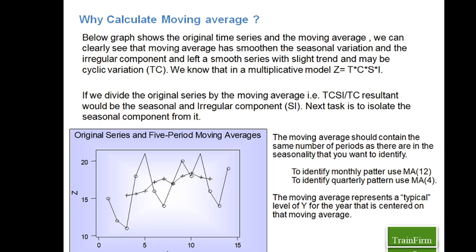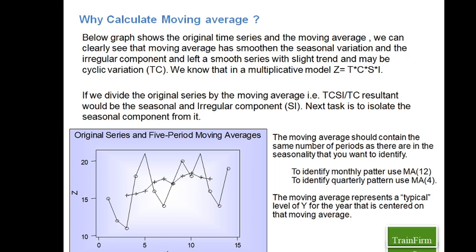In other words, once I take the moving average, MA, the result will become TC for me. It's just the trend component and the cyclical component. So far, so good.